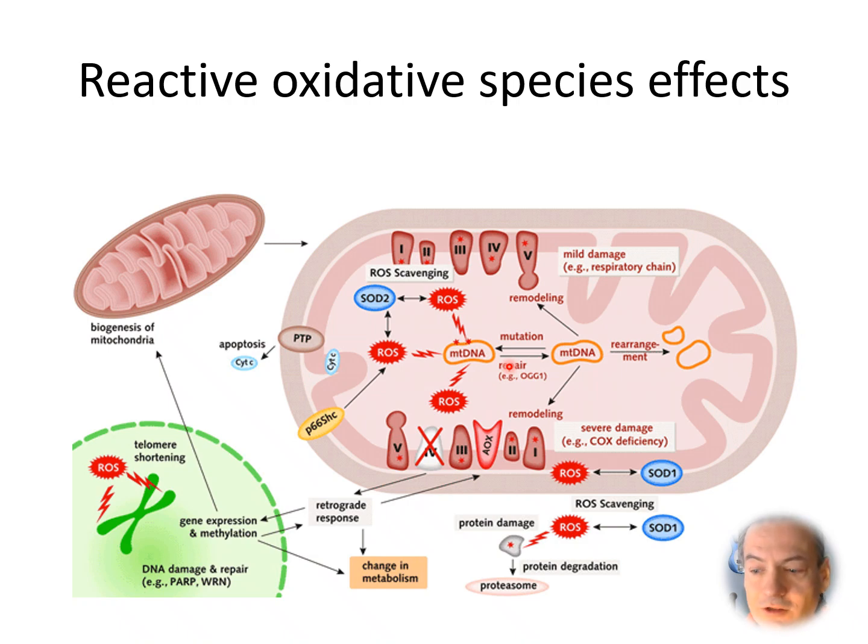So we worry a lot about ROSs because they do so much damage. But this is why antioxidants are built into every one of your cells. Compounds like carotenoids that can grab on and neutralize reactive oxygen species so that we don't have to worry too much about the damage being done.